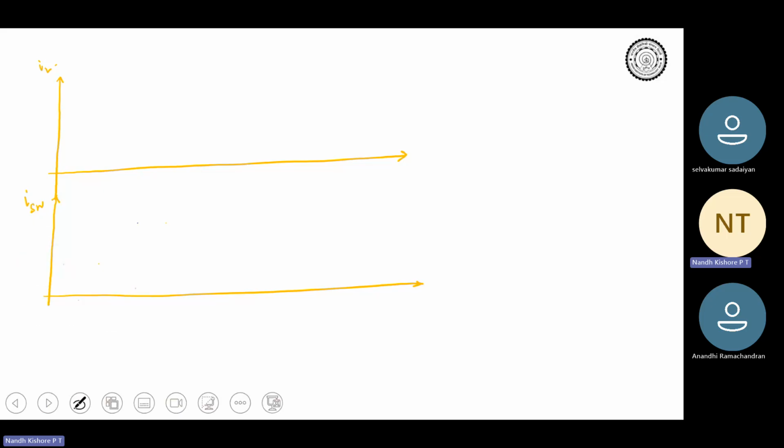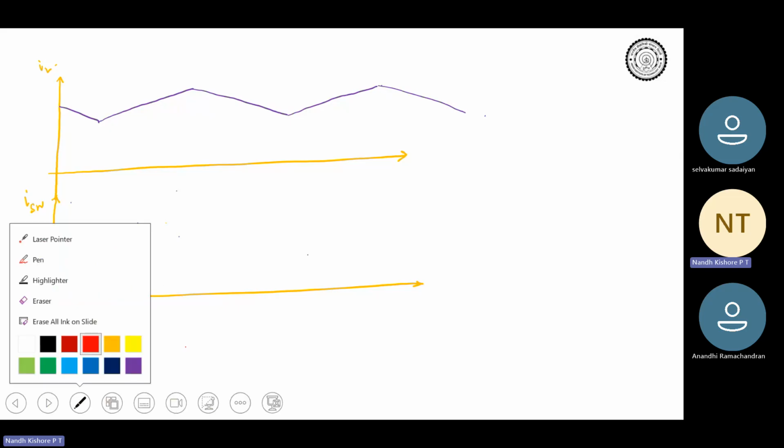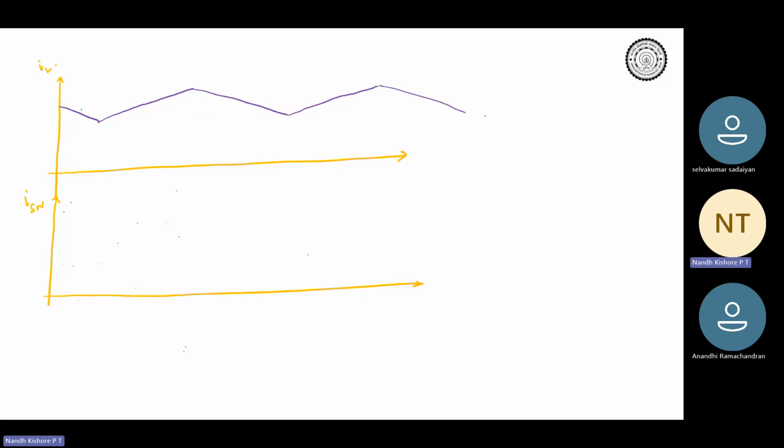Your inductor current, as we told, is going to be something like this, but I will assume that the inductor current is almost constant because they have not given any information, so I wouldn't worry too much about it. Inductor current is entirely something like this, and this is 150 amperes.